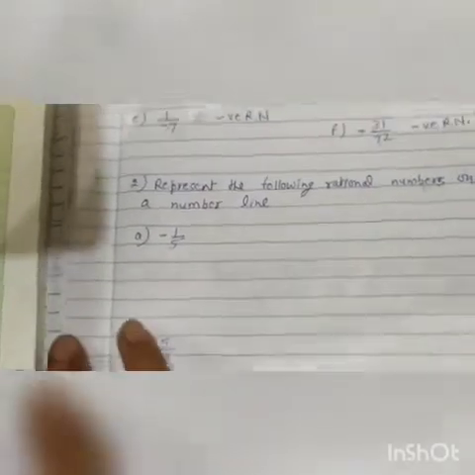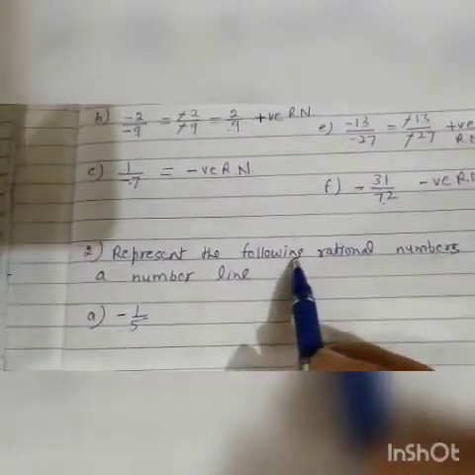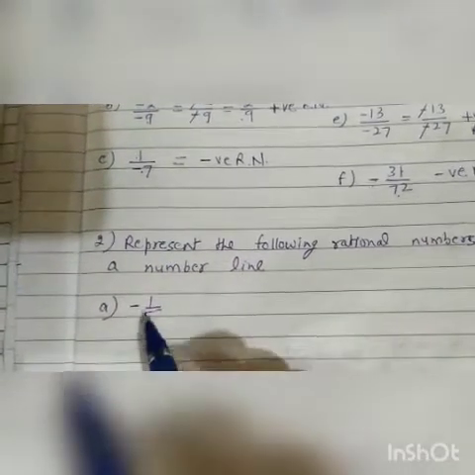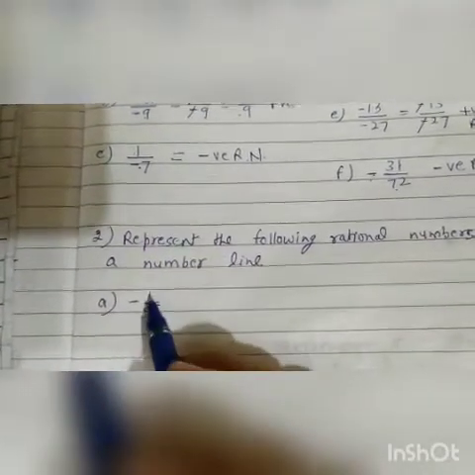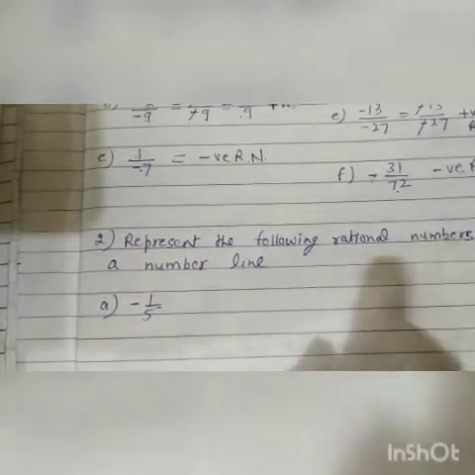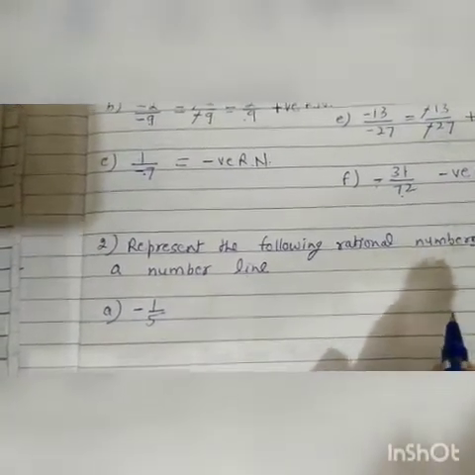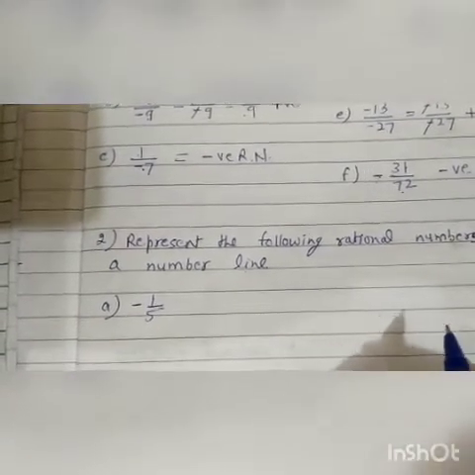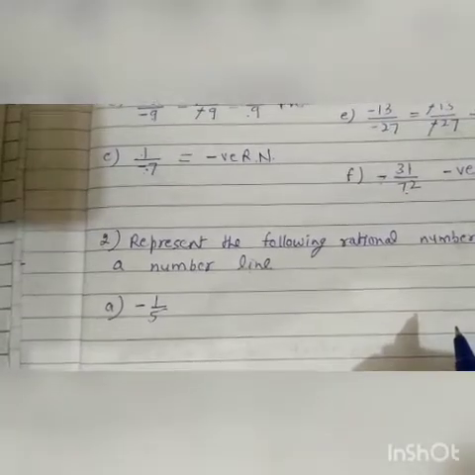Come to question number 2. Represent the following rational numbers on a number line. In this question, we have to show the given rational numbers on a number line. Students, always remember one thing. On a number line, positive rational numbers lie to the right side of 0 and negative rational numbers lie to the left side of 0.